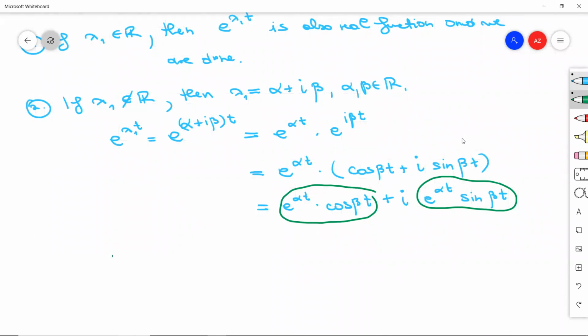So we know that our polynomial in lambda 1 is equal to 0. What can we say about the polynomial in lambda 1 conjugated? What's the value of this polynomial in lambda 1 conjugated?